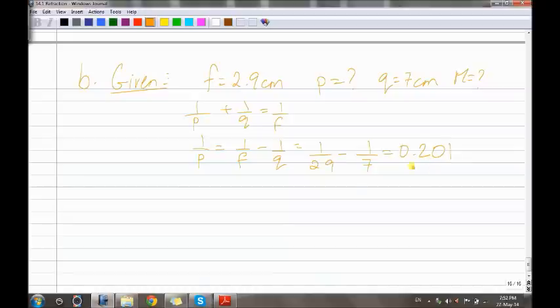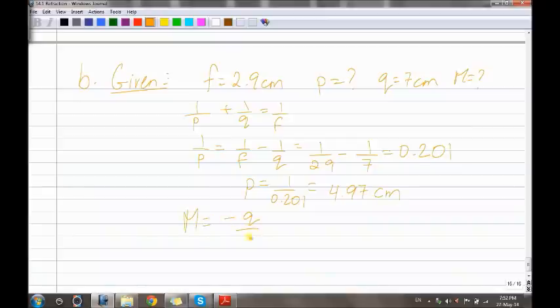Okay, so now let's flip it. So when we flip it, P would be 1 over 0.201, so we have to divide. So the answer would be 4.97 centimeters. So that's the P. Now let's find the magnification.